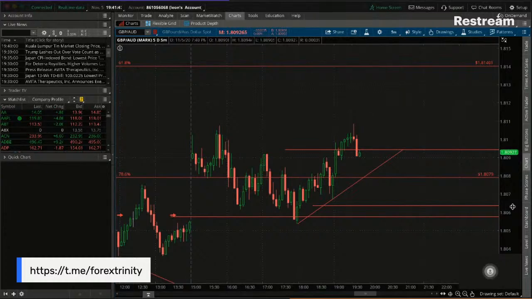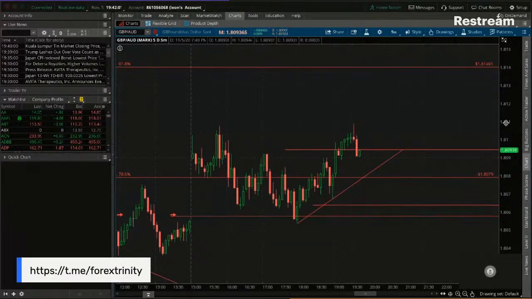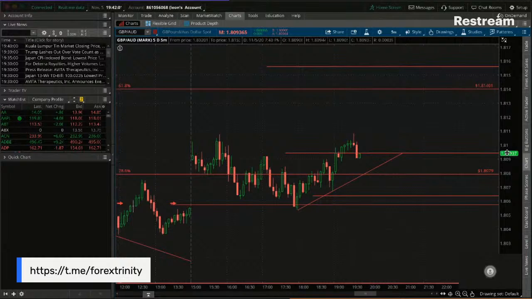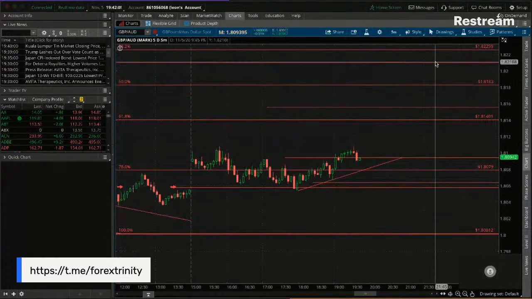But see, it can do all this dancing all at once. We're in down here. It can do all that dancing back and forth, up and down, up and down. The bottom line is it is headed up here, and that's where we plan to get our profit.